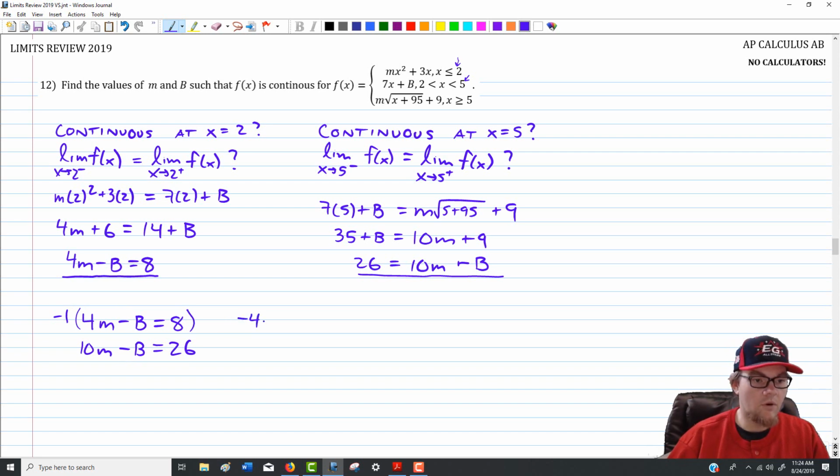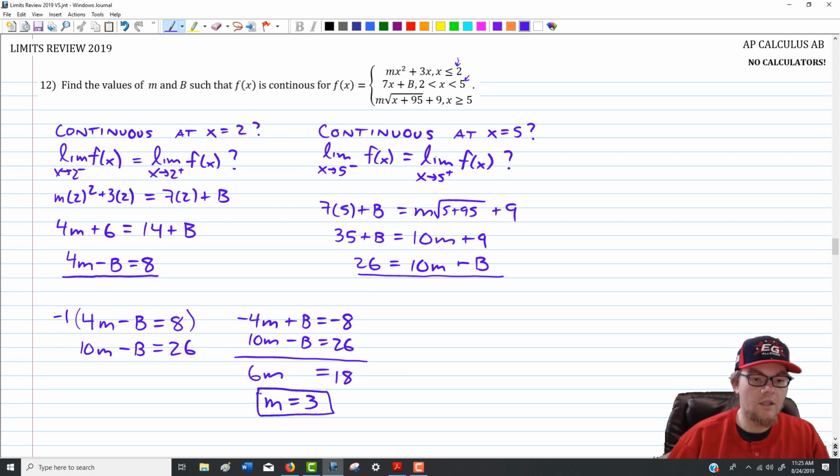That gives me -4m plus b equals -8. Down below, we'll still have 10m minus b equals 26. Adding them, that'll be 6m plus no b's is equal to 18. So m equals 3. Worked out pretty clean.